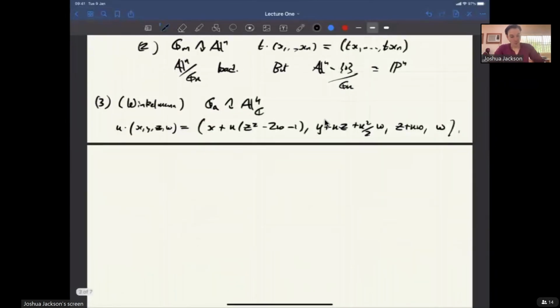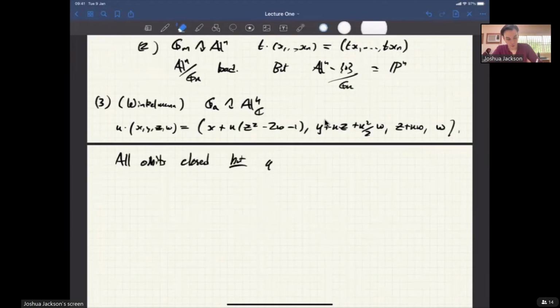And the point is that all orbits are closed, but the topological quotient, let's say, well, yeah, the quotient, let's say, is not Hausdorff in the analytic topology that comes from the complex numbers.